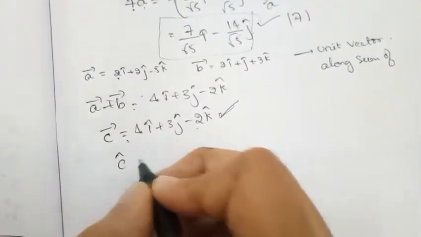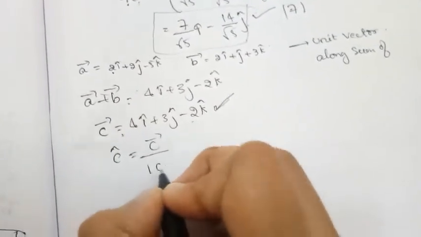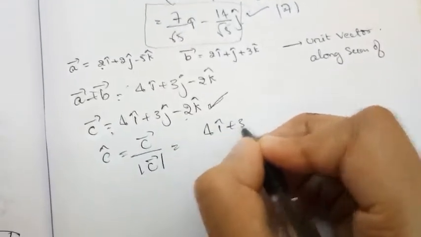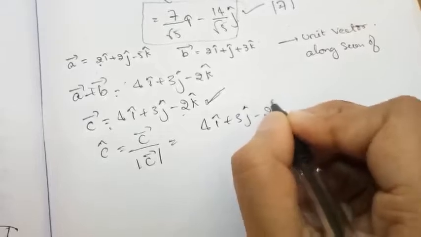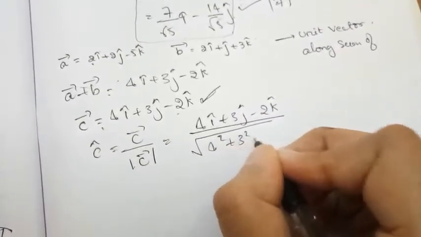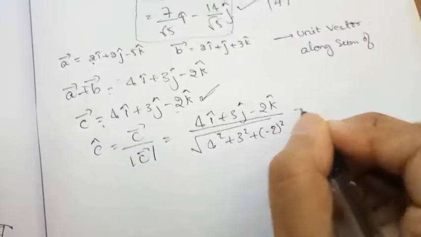So what is the formula? C cap is equal to vector C divided by magnitude of vector C. So what is vector C? 4i cap plus 3j cap minus 2k cap, and the magnitude is square root of 4 square plus 3 square plus minus 2 whole square.